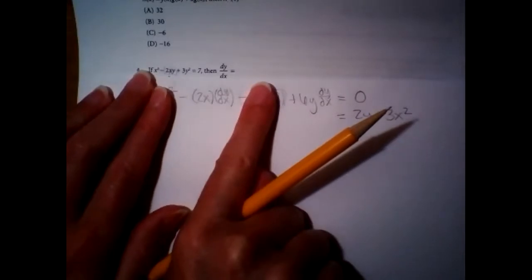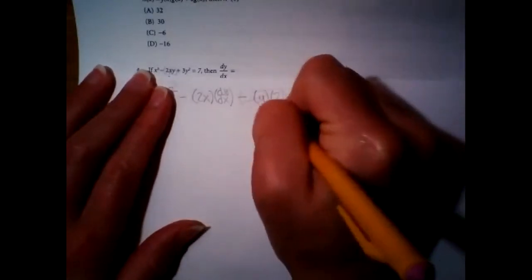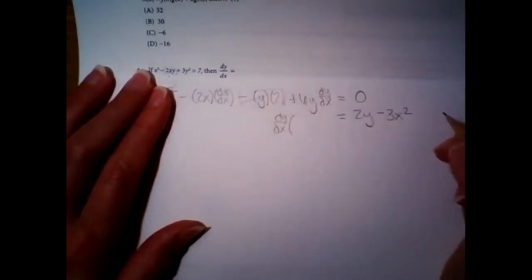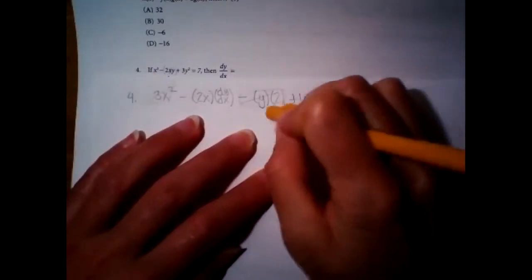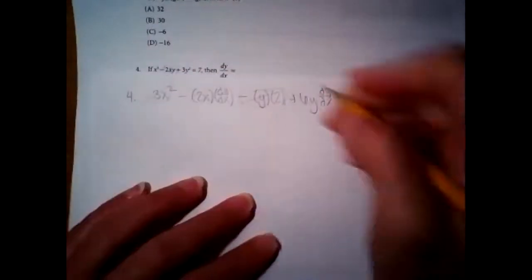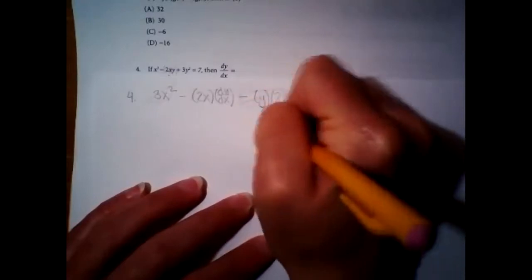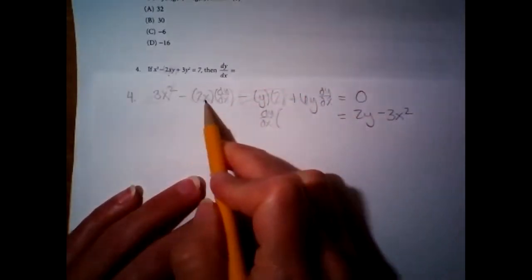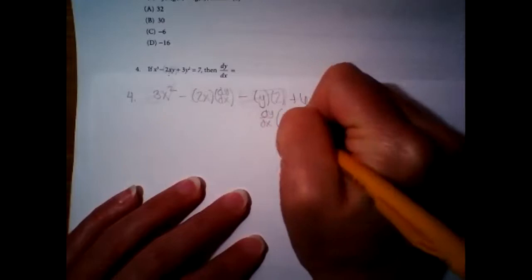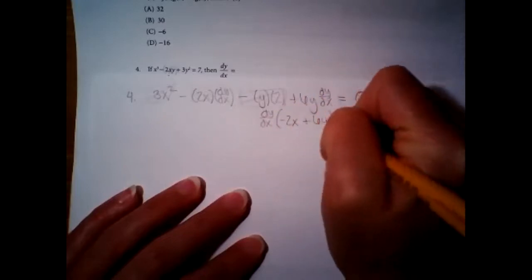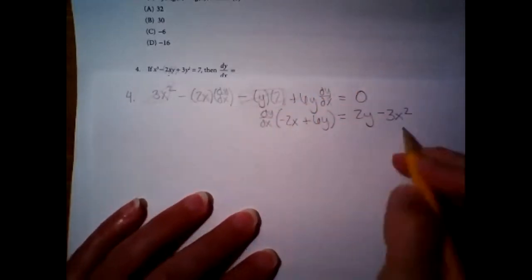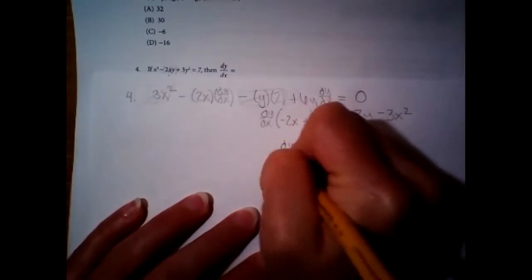Now out of what's left, I'm going to factor out a dy/dx. And I probably did not leave enough space for that. Let me move that over a little bit. So when you factor out a dy/dx, you're going to be left with negative 2x plus 6y. And then that's going to get divided to the other side.